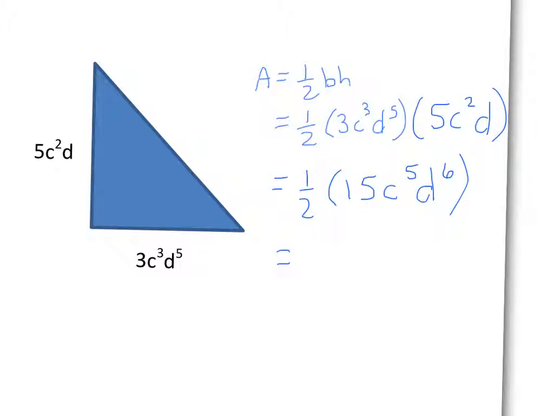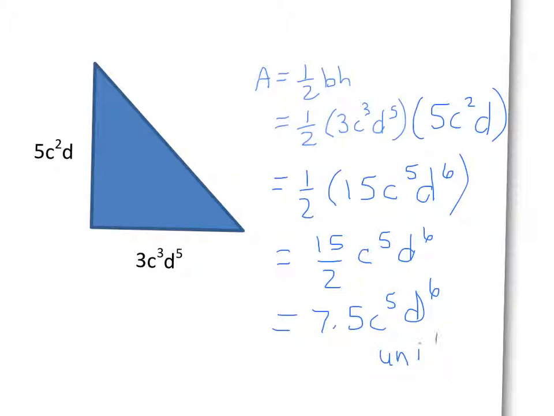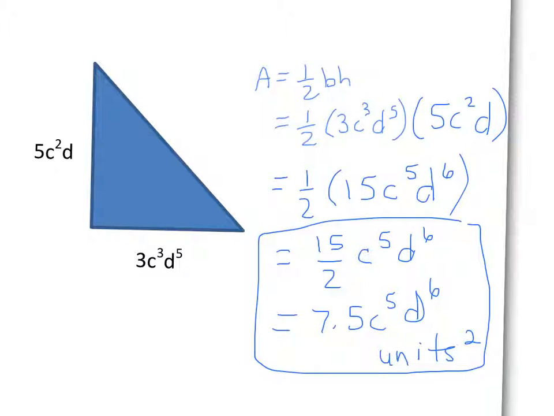You can call it just 15 halves, so you could put 15 halves, c to the 5th, d to the 6th. Or if you'd prefer decimal, you could put 7.5, c to the 5th, d to the 6th. Now again, it's area, so it's going to be units squared. So I would take either one of those answers. If you wanted to call it 7 1/2, that would be fine as well.